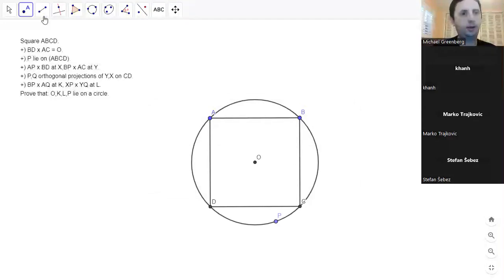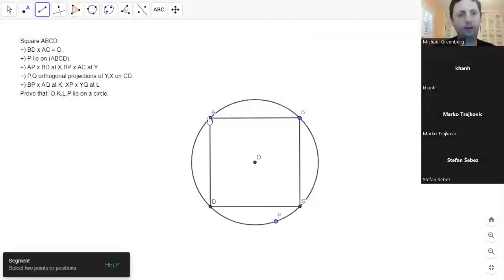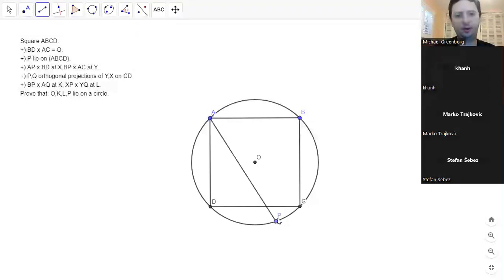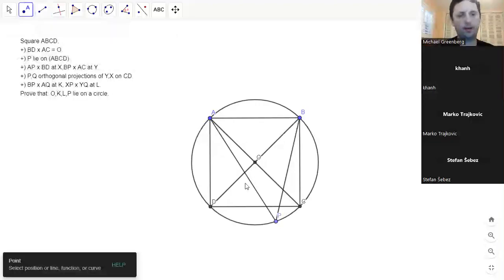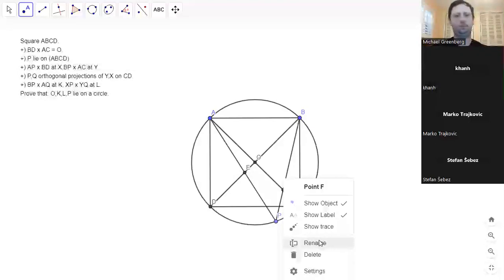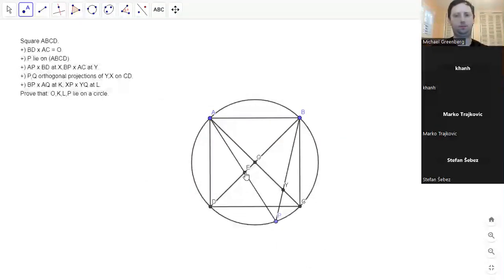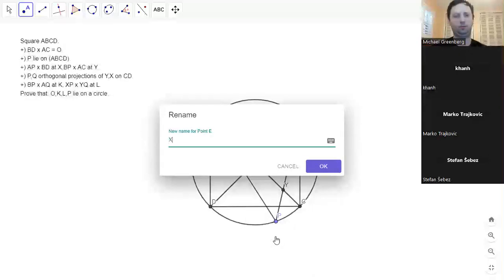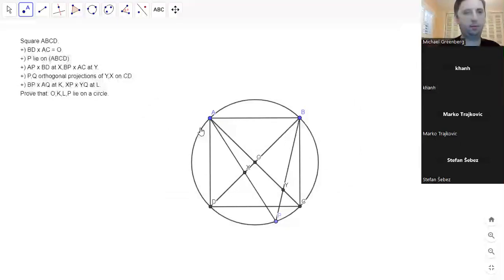And AP intersects BD at a point. BP intersects AC. So those both go through the center. So we have X and Y. And then we project X and Y onto CD.